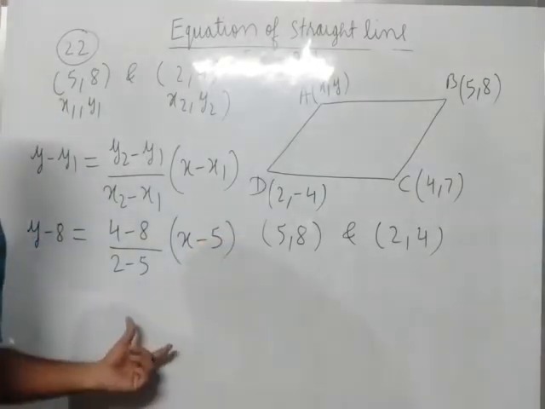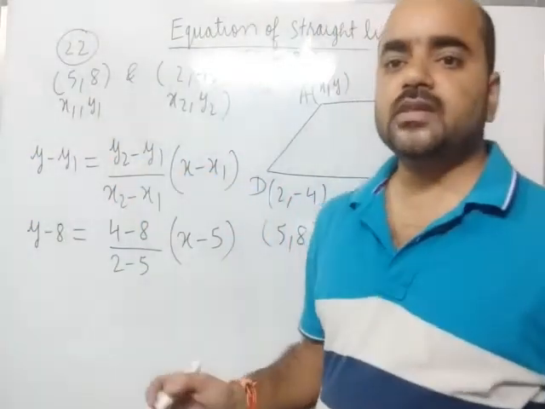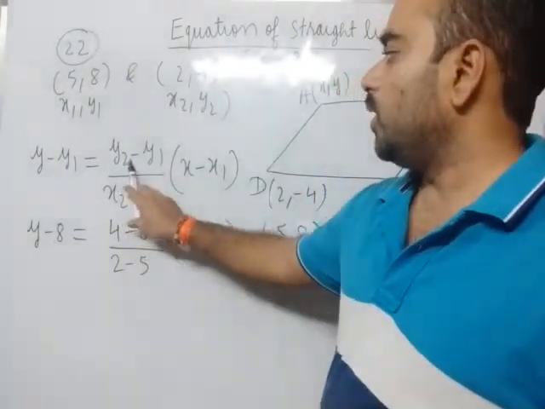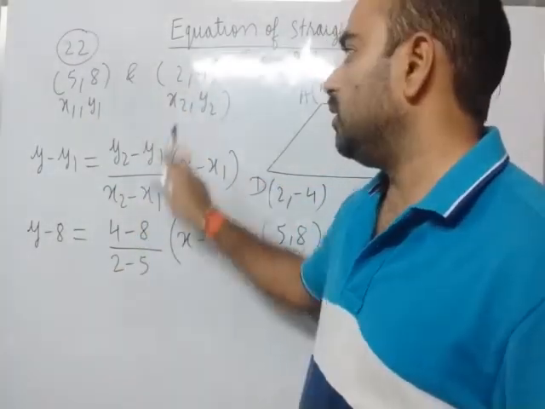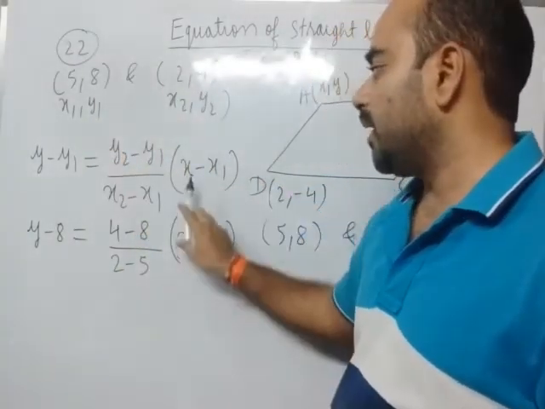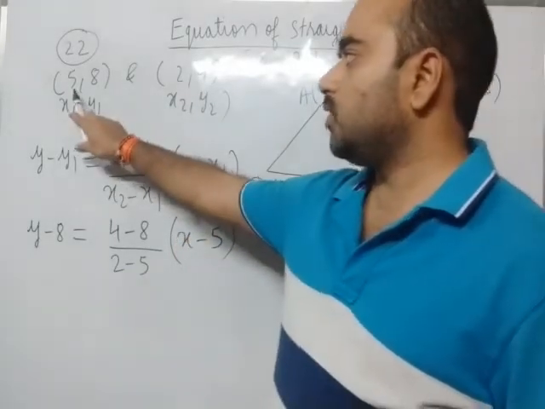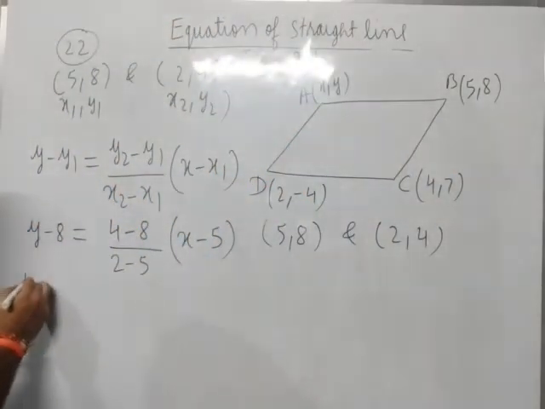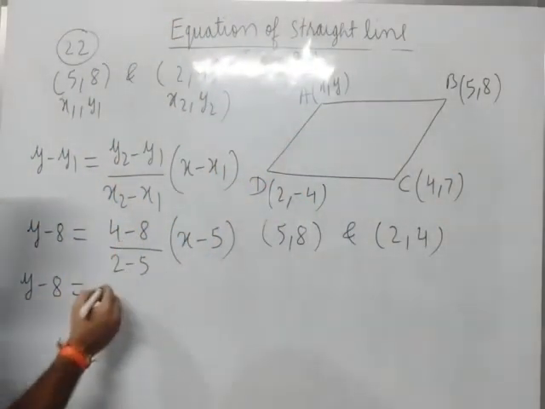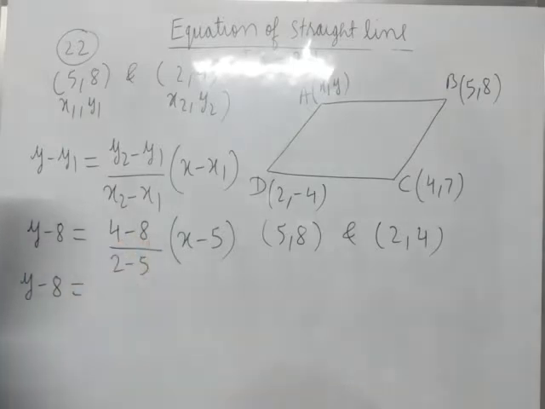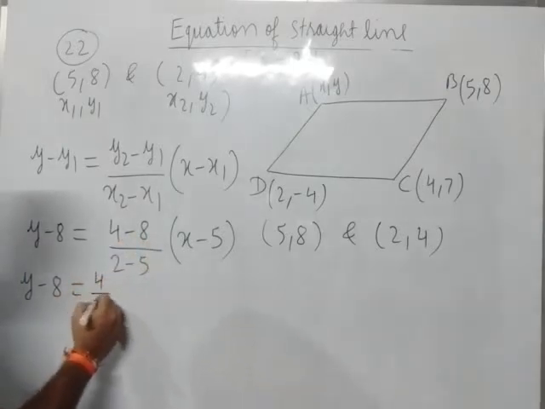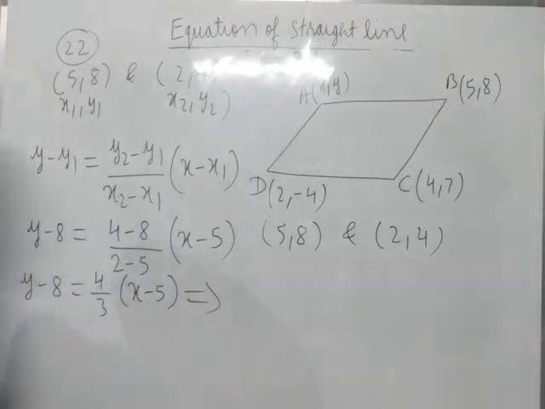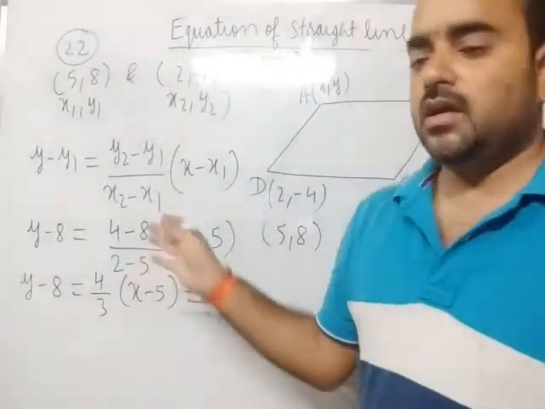Understood? So y minus 8 is equal to (4 minus 8) upon (2 minus 5), bracket x minus x1, and x1 is already 5. Clear? Now we have to solve. This will be y minus 8 is equal to minus 4 upon minus 3. It means we can write only 4 upon 3. Correct? Any problem? Clear?